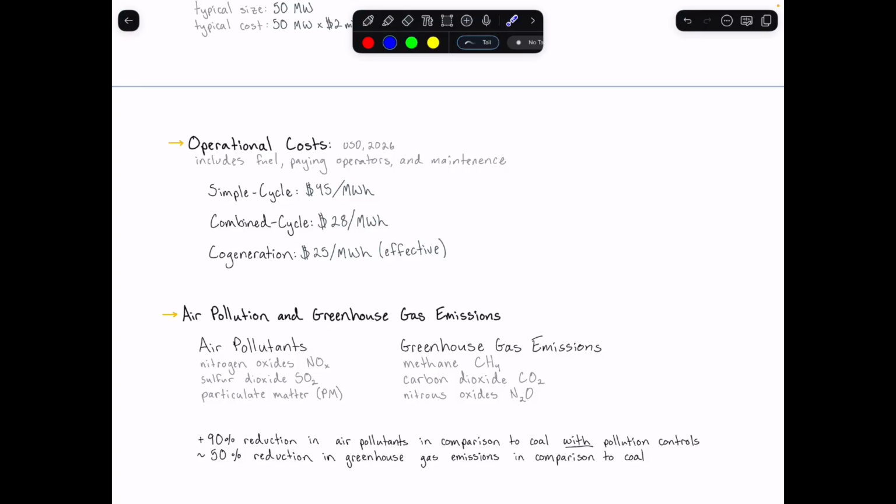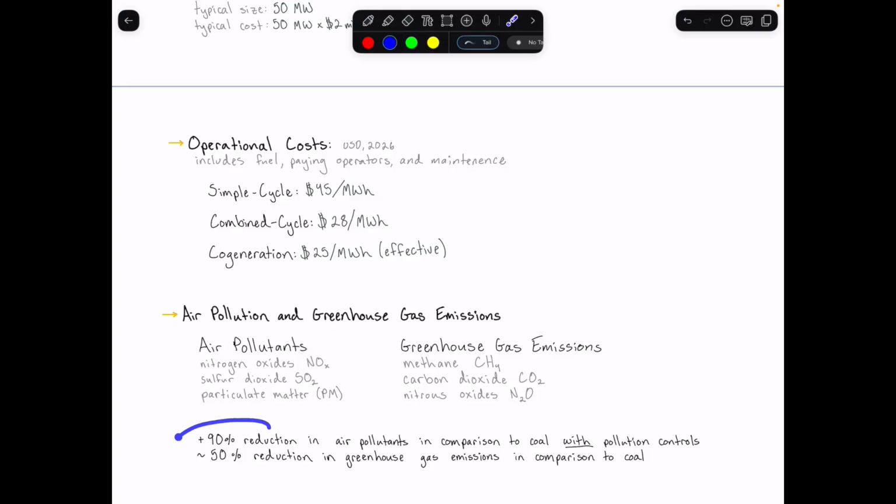But there is one important note here. These numbers are at the power plant level. But one of the big problems with natural gas systems is that there are methane leaks along the pipelines. Methane is a greenhouse gas, and natural gas is methane. And methane is quite a potent greenhouse gas, so if pipelines are not maintained properly, there can actually be a significant methane leakage along the pipeline delivery to the natural gas power plant.